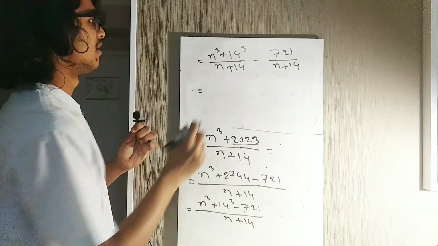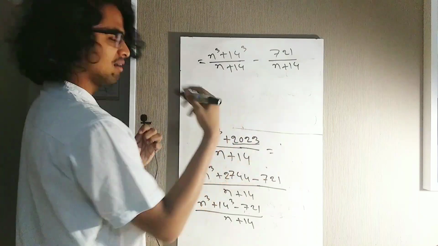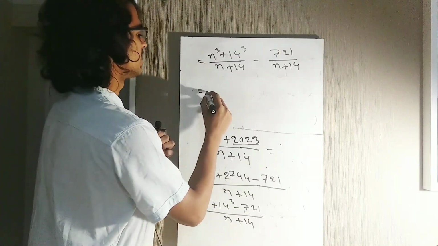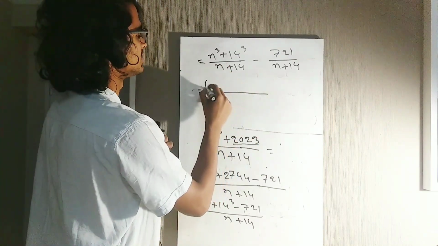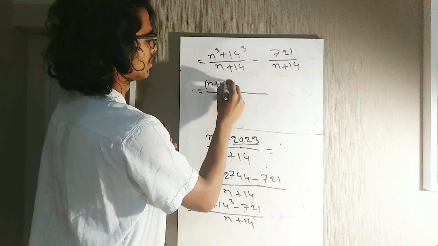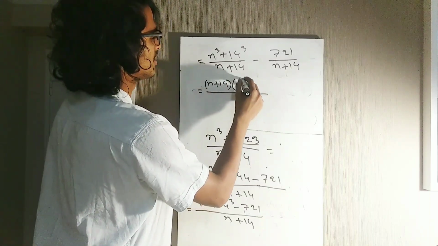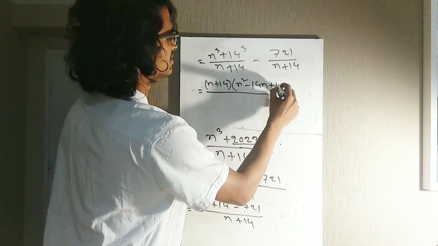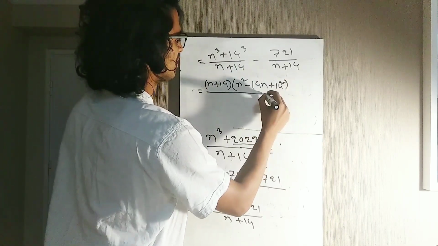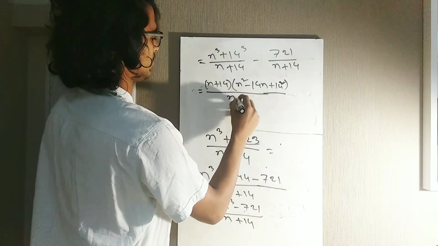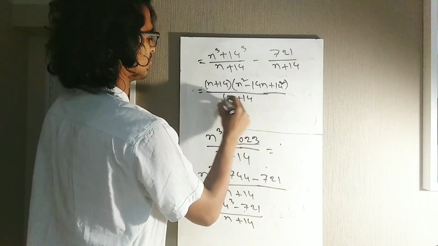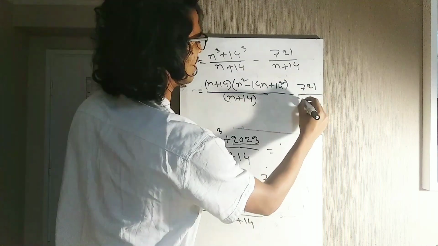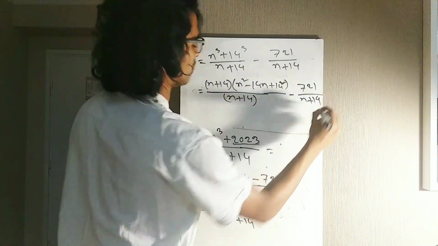Now, because of the formula we saw, a cube plus b cube, we can write n cube plus 14 cube as n plus 14 multiplied by n squared minus 14n plus 14 squared. And in the denominator we have n plus 14, minus 721 over n plus 14.